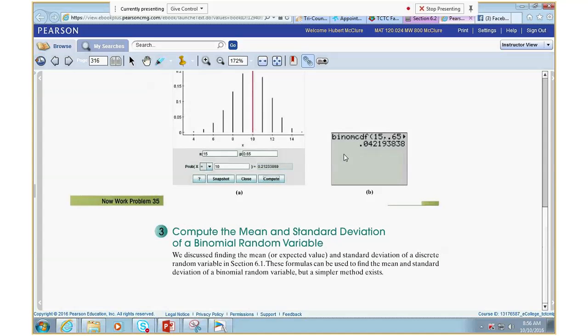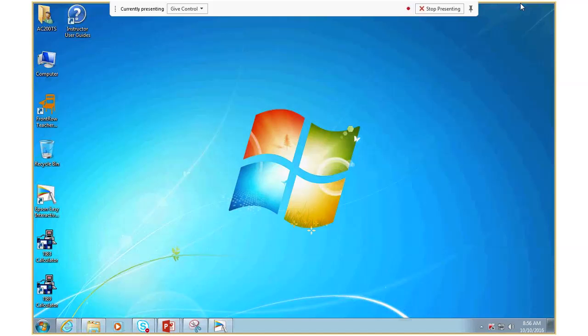There it is, binomial CDF. So go to second vars, binomial CDF, and it's going to ask you for N, P, and X. Now, some calculators will ask you for N, P, and X. Some calculators will just give you a set of parentheses. So I'm going to show you how to do that. Here's your handy dandy calculator.